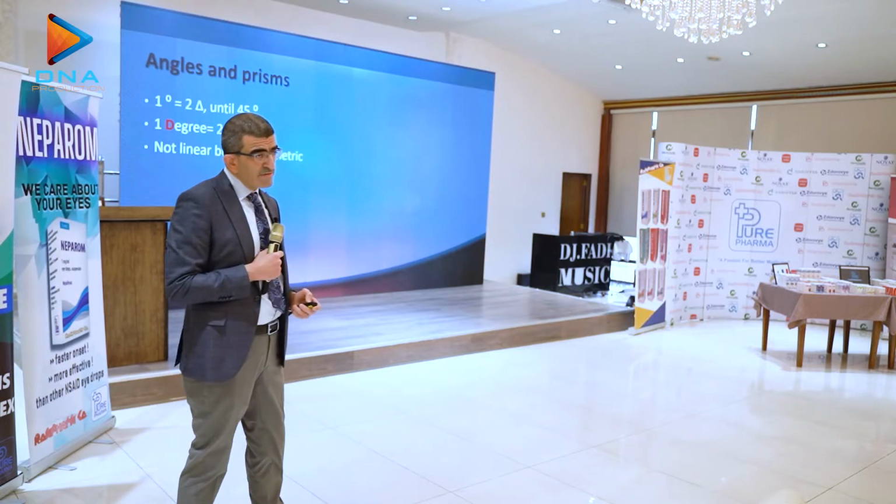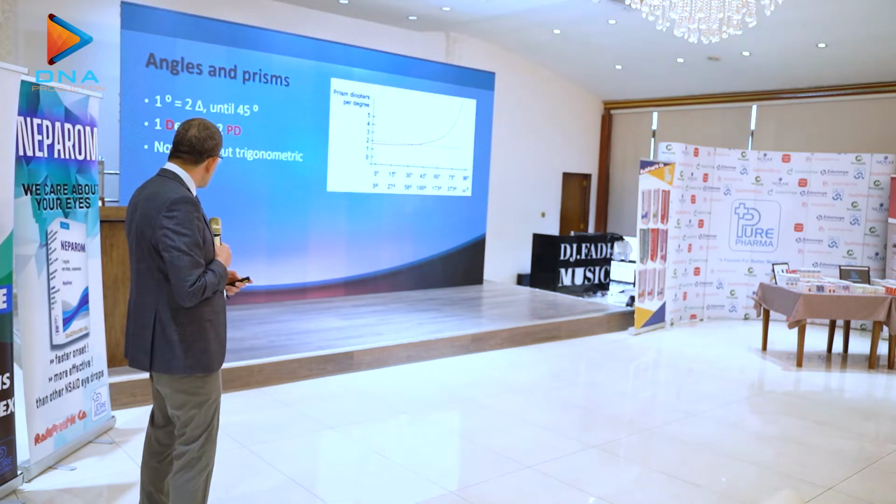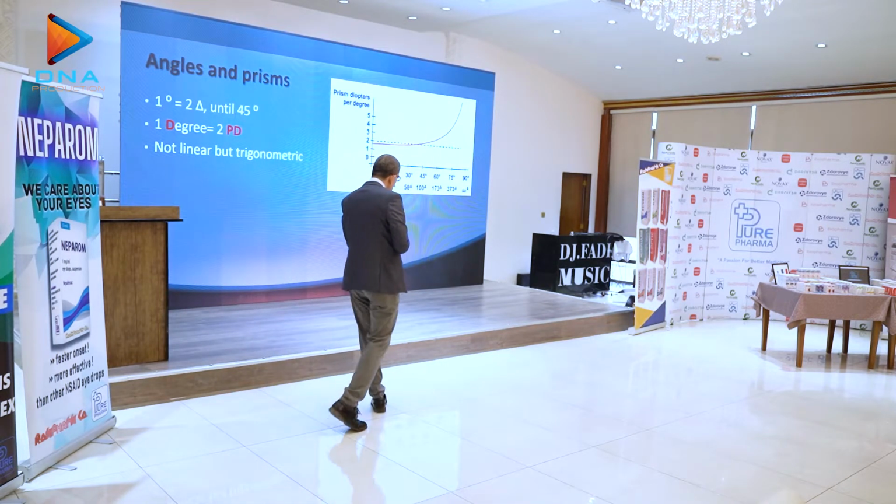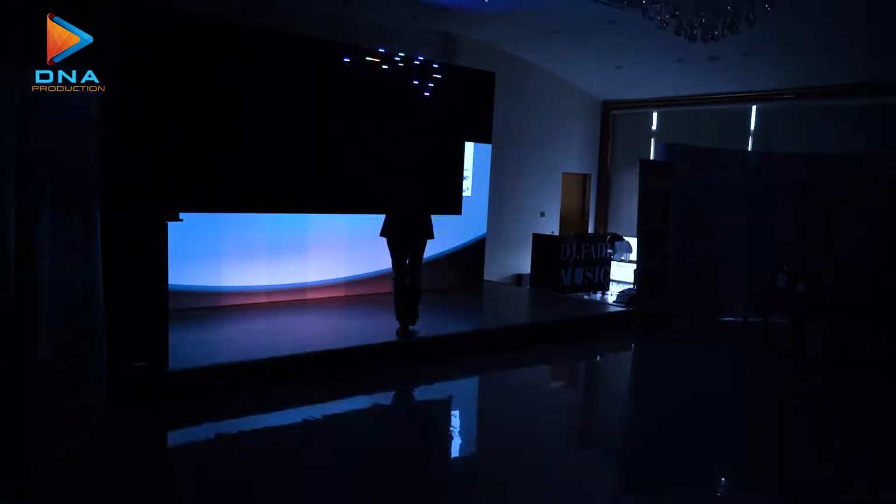It is not a linear relationship; it is trigonometric, which means that every degree is equal to 2 prism diopters until we reach 45 degrees. After 45 degrees, the relationship between the angles and the prisms becomes out of control, okay?